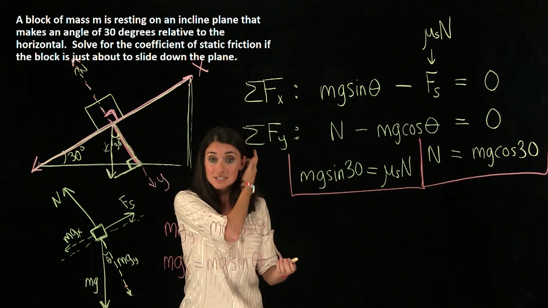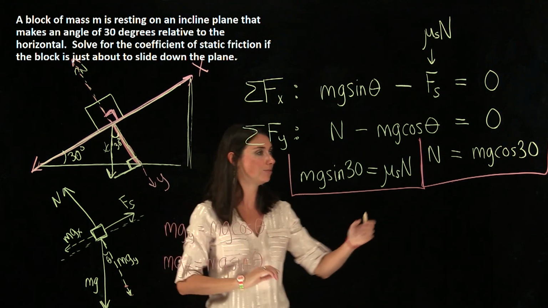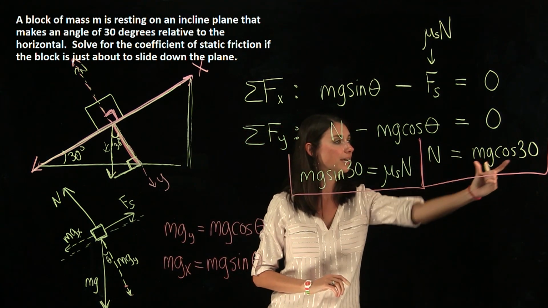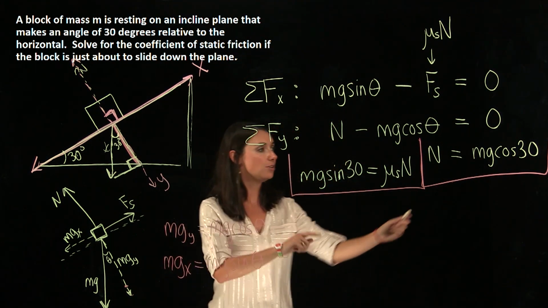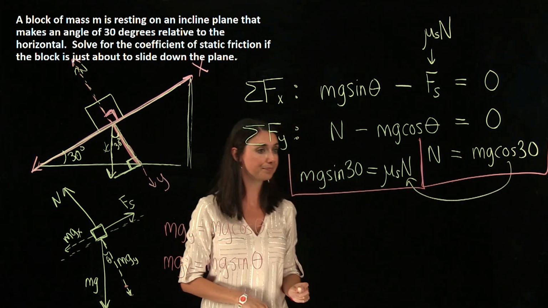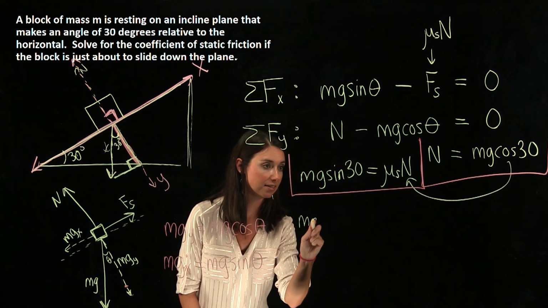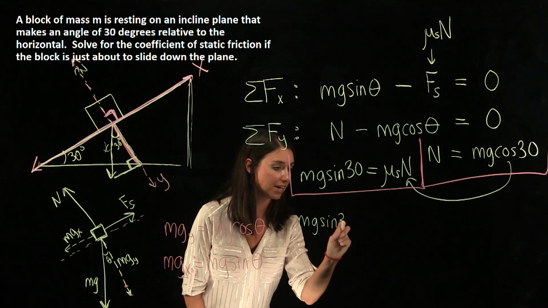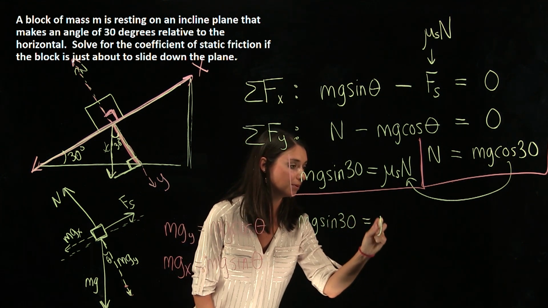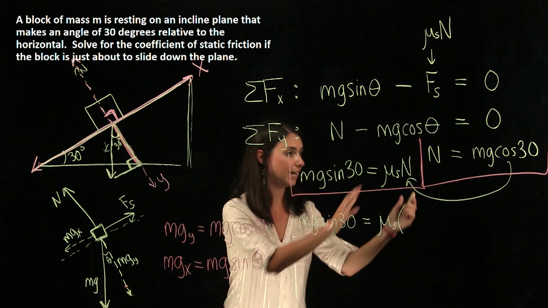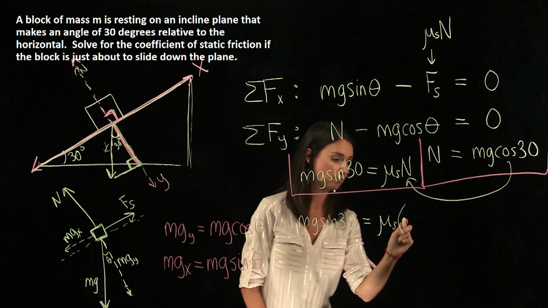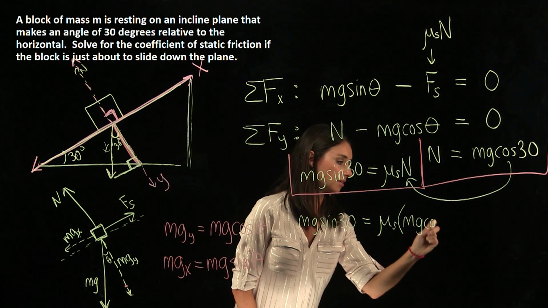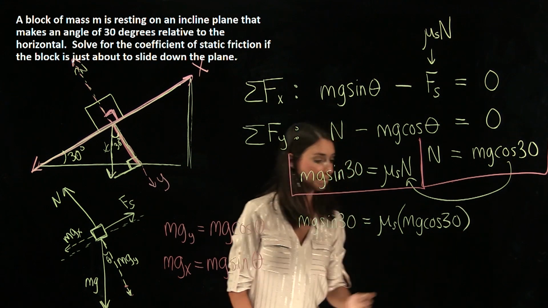So this is where you can start doing some algebraic substitution. If you know that your normal force is equal to mg cosine of 30, you can substitute that into here. So you get mg sine of 30 is equal to your coefficient times your normal force, which in our problem is mg cosine of 30.